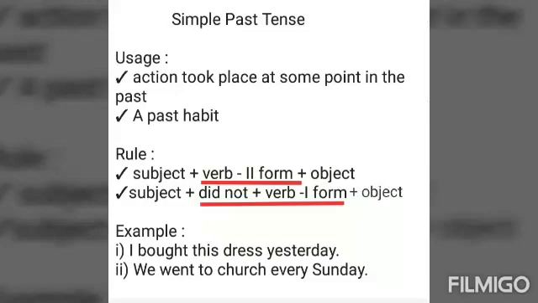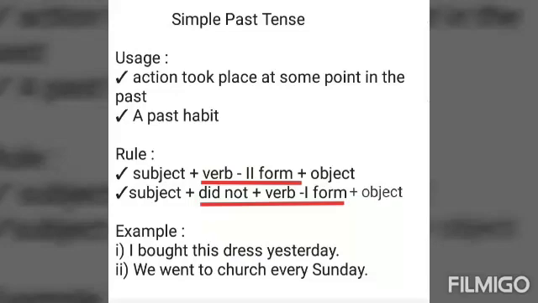So in the helping verb we have used did not plus verb first form. The special quality, verb second form, has been shifted to the helping verb in the negative sentence. Once the special quality is used, we will not use it again, so the main verb will be used as verb first form.